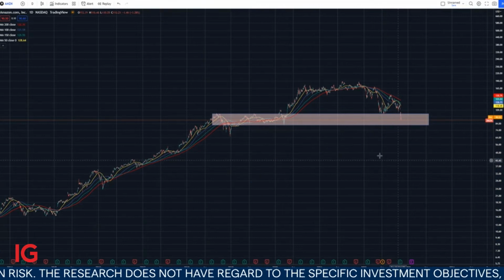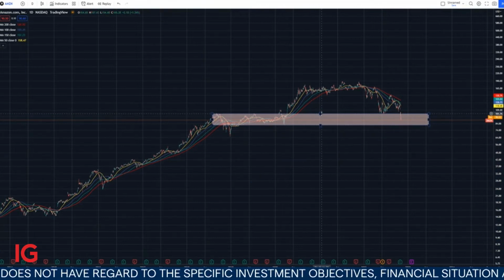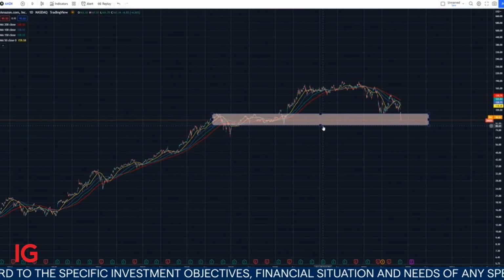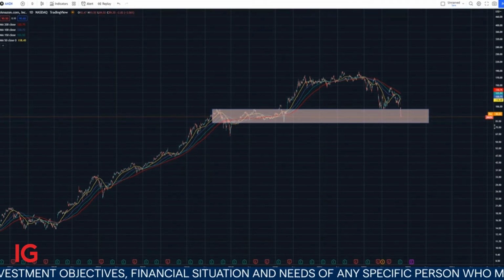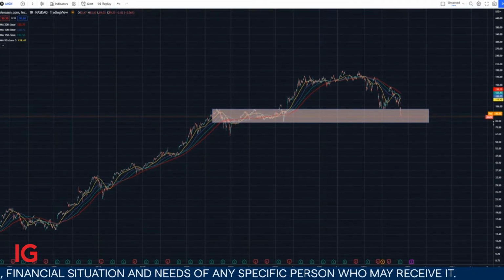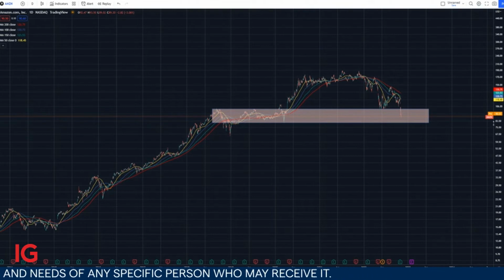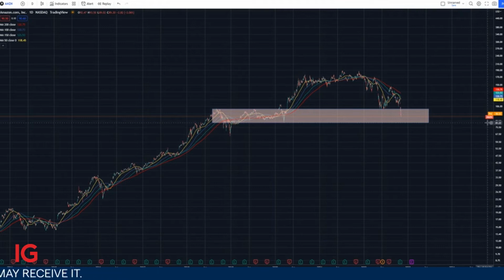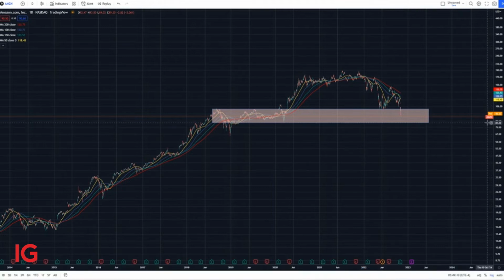And when I look at support here, I see anything between 100, which we clearly blew through, down to about 80. So we just the other day came into the lower end of that support cushion, and I think anything between here and 80 is really attractive. So I'm looking for any sort of meaningful bullish reversal days to maybe leg back into the stock.